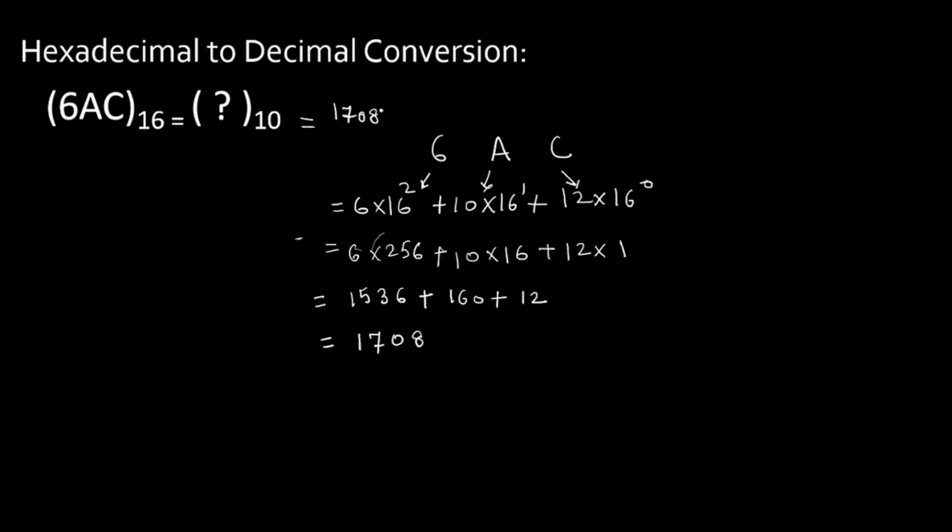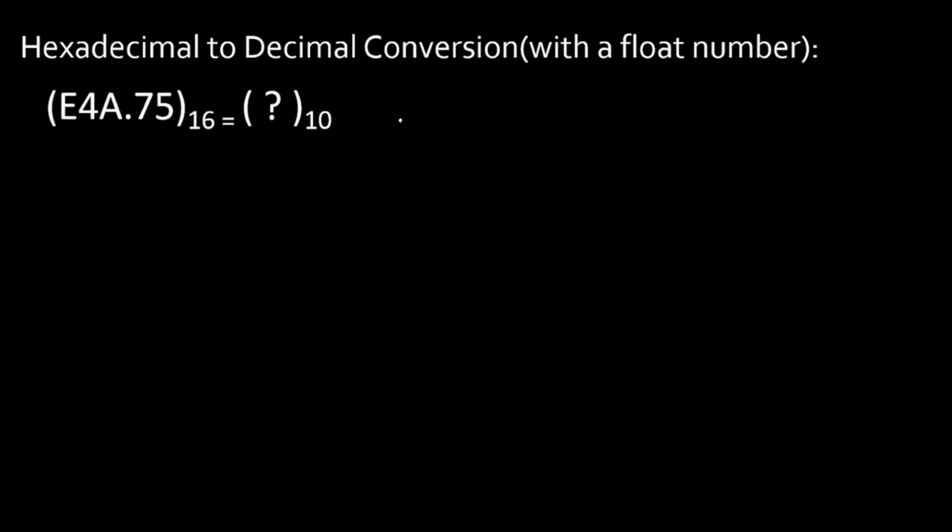Now come to hexadecimal to decimal conversion with a float number. When a hexadecimal number has a fractional part, whenever we move towards the right of the decimal point, we multiply the digits by 16 raised to power minus 1, 16 raised to power minus 2, 16 raised to power minus 3, and so on.